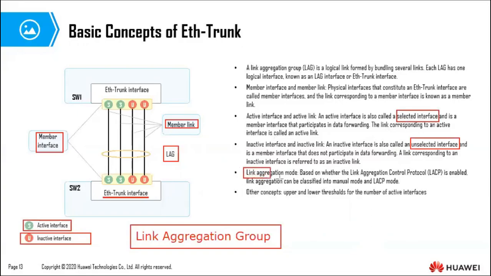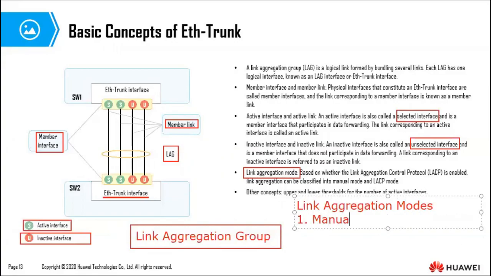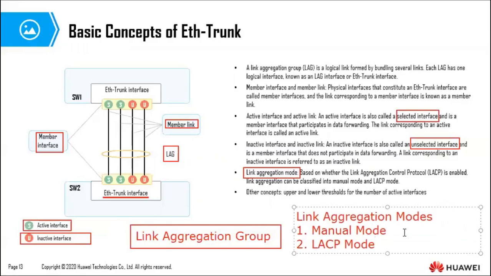Now, the other important thing is what we call the link aggregation mode. So we have two link aggregation modes. Number one, we have the manual mode. Number two, we have the LACP mode. Now, when you manually configure Ethernet trunks on your switch, that is what we call the manual mode.